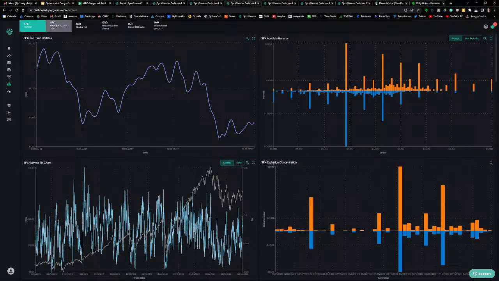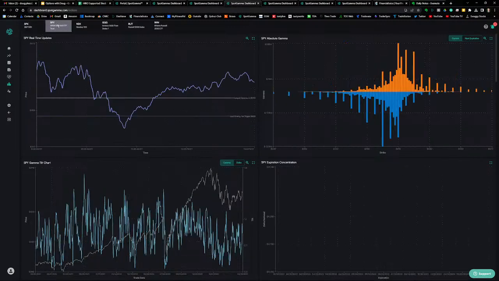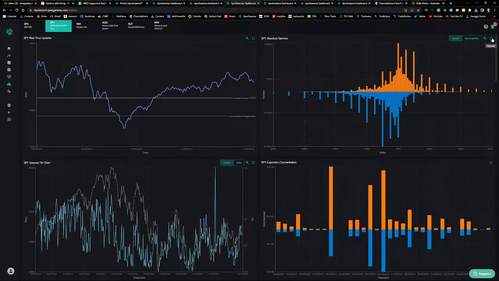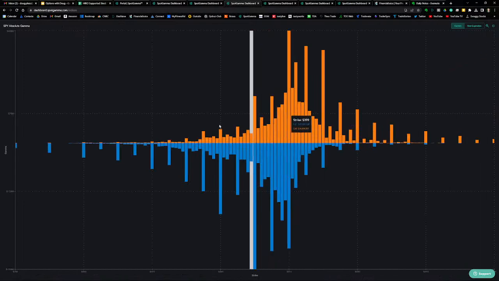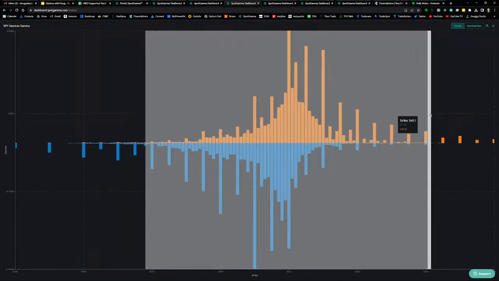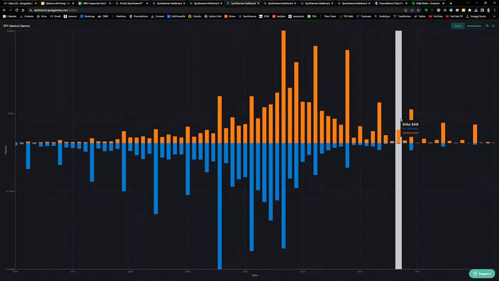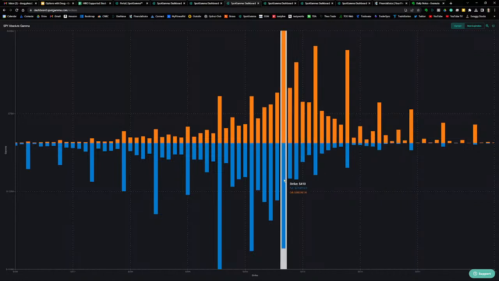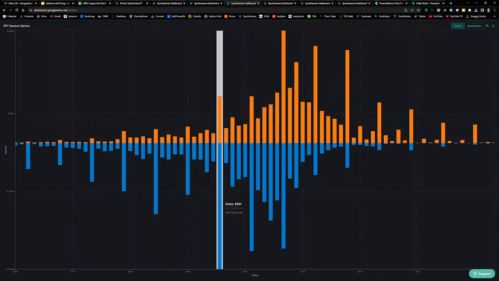Now let's take a look at SPY. I'm going to zoom in on this chart. And for SPY, 410 is the key gamma strike or absolute gamma strike. And 400 is the put wall, the strike with the largest net negative gamma.